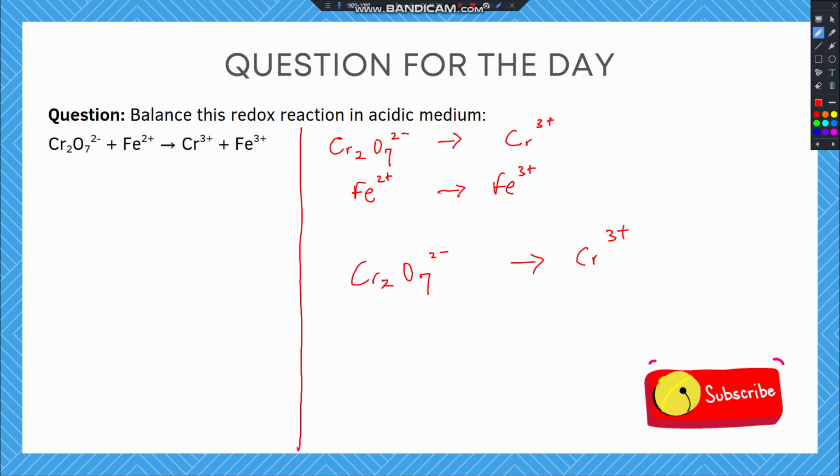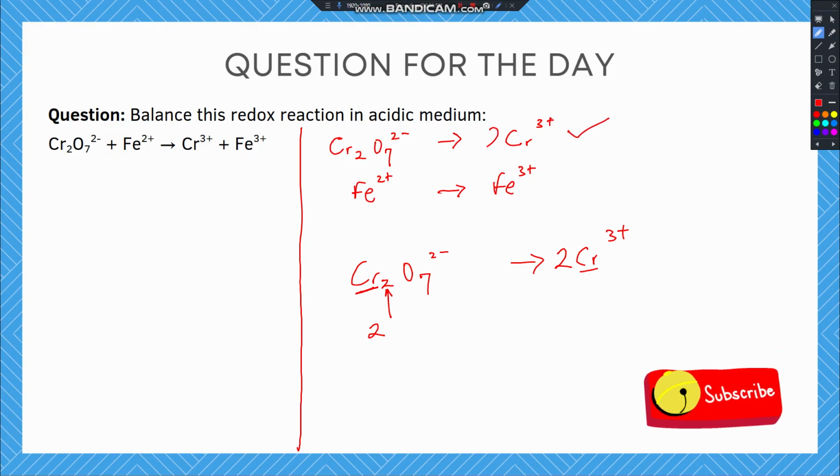Of course there is. That is chromium. Over here you can see chromium has a subscript of 2, which tells us that we have 2 atoms of chromium on the left side. And over here we have just 1 atom of chromium. So that necessitates the addition of a coefficient of 2 to make chromium balanced on both sides of the equation. So we've done that for the first equation.